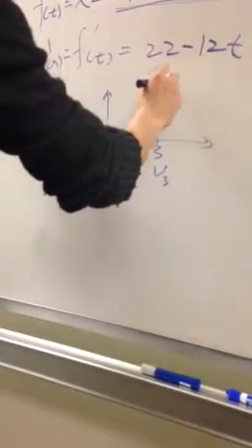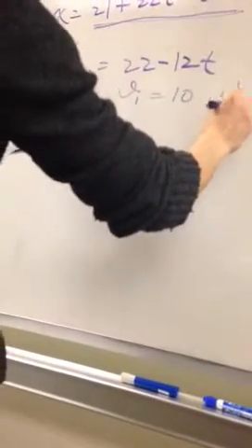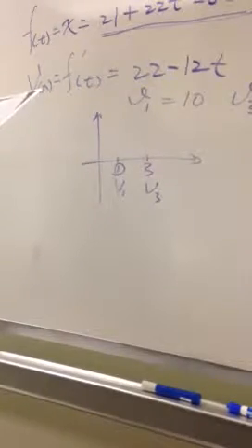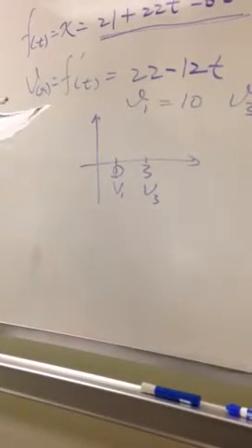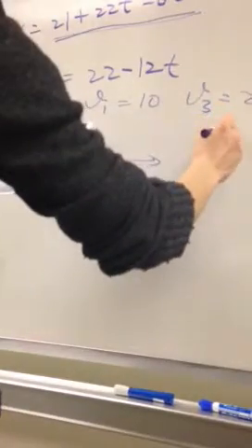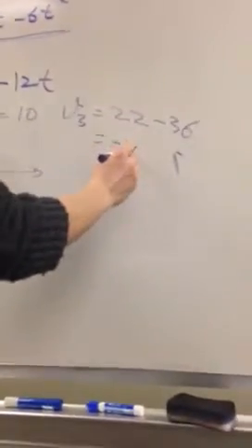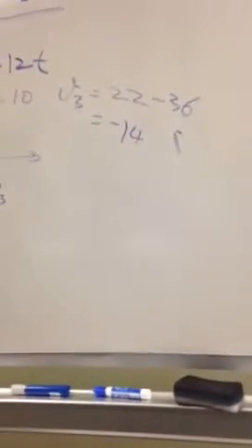V1 will be 10. V3 will be 22 minus 36, which is minus 14, right?